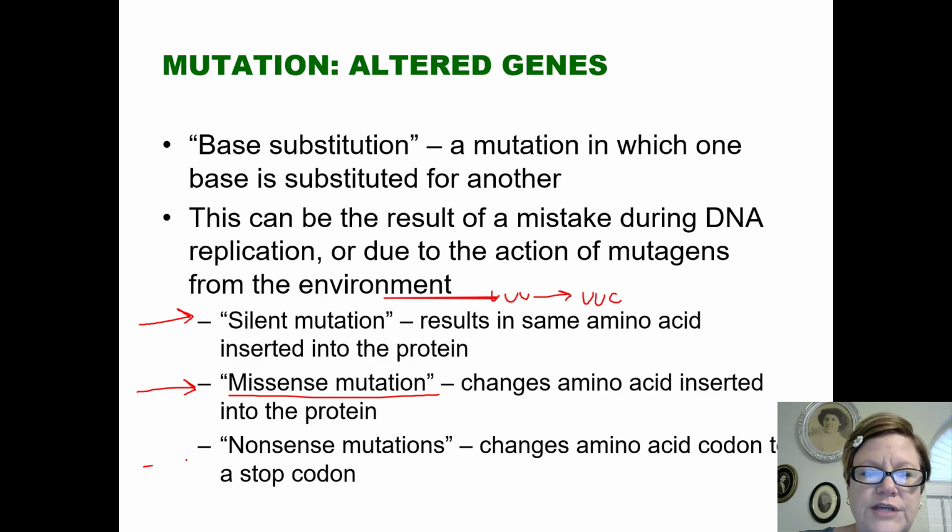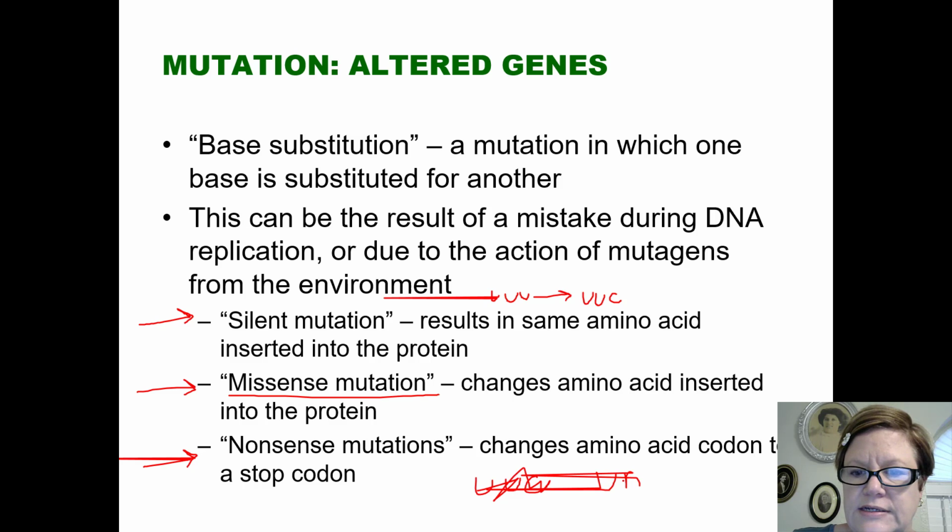A nonsense mutation is where you have a normal codon for an amino acid. Let's say UAC gets changed to UAA.